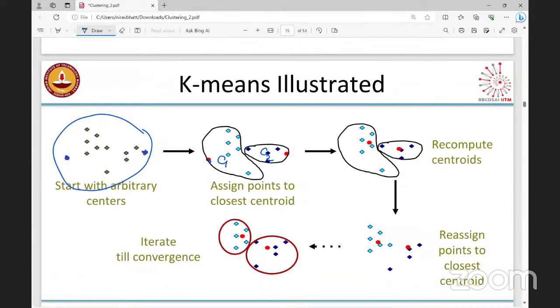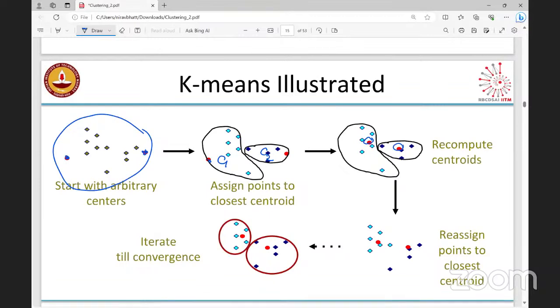Once I have these clusters, I will recompute their centroids using one of the definitions I described earlier. Let's say that now in the new C1 and C2, the centroids are this one and this one.